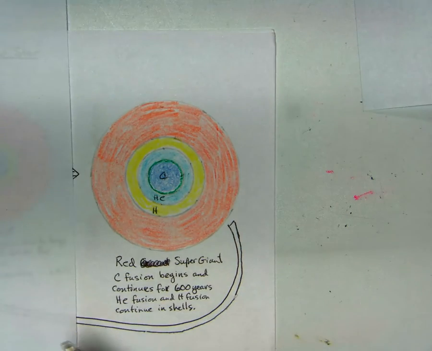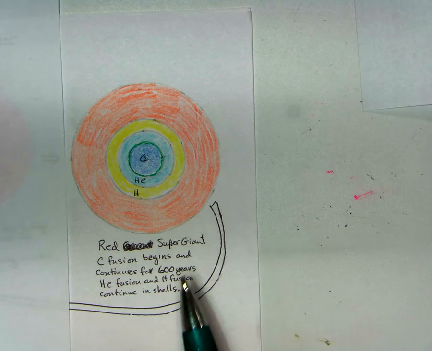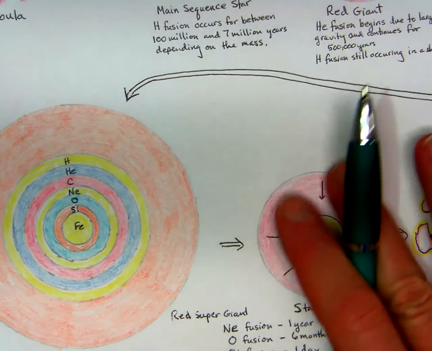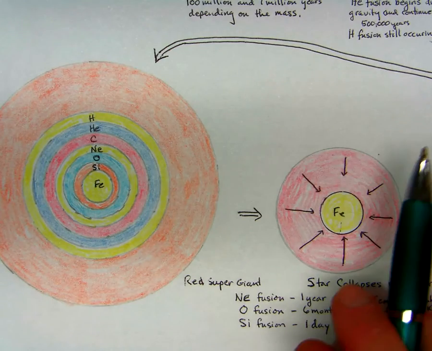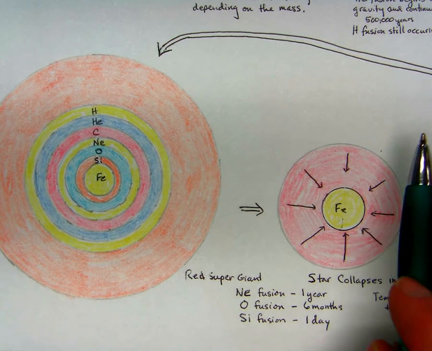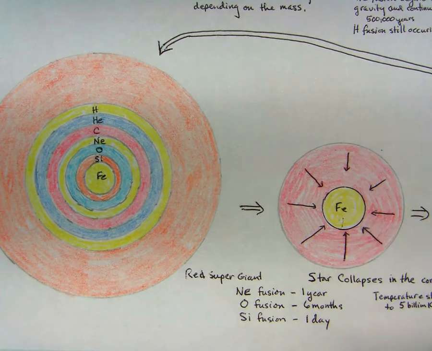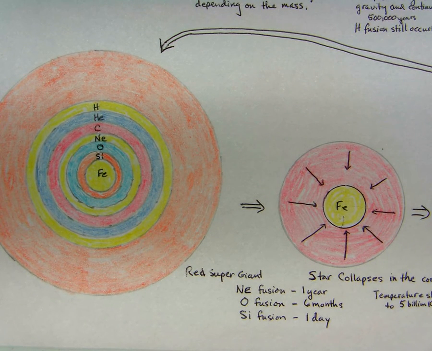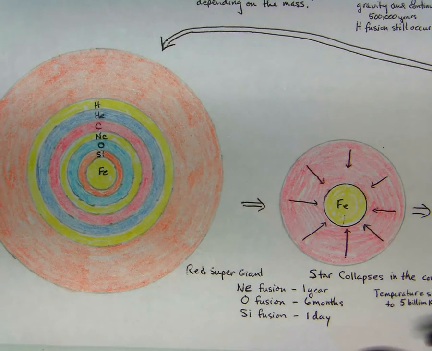Then the red supergiant phase for 600 years, so notice it gets faster and faster. Once the neon starts fusing into oxygen, the process starts going even faster still.